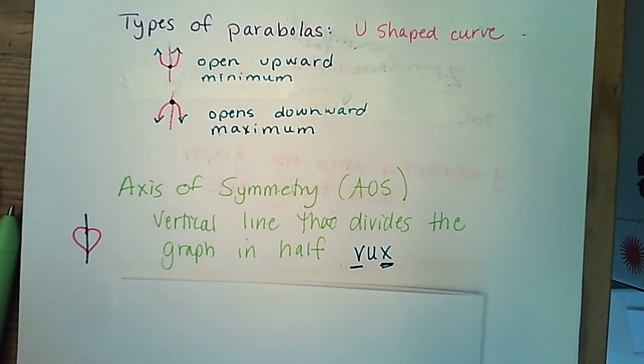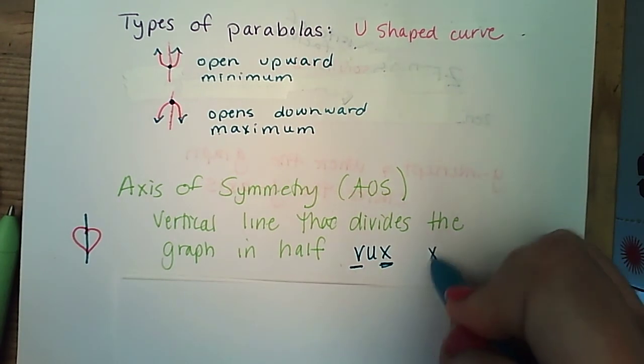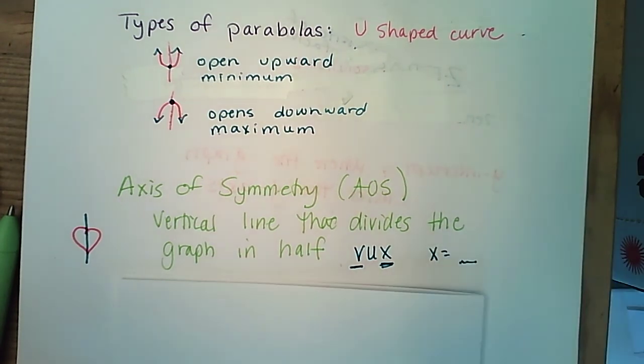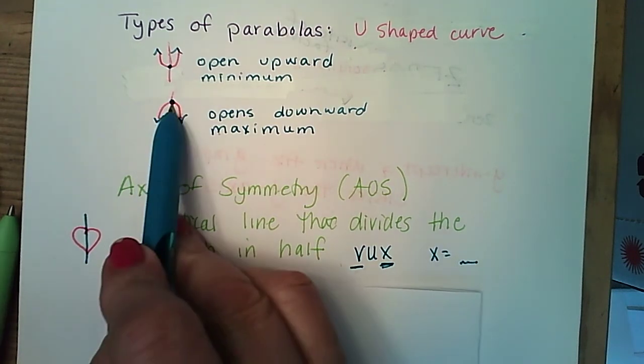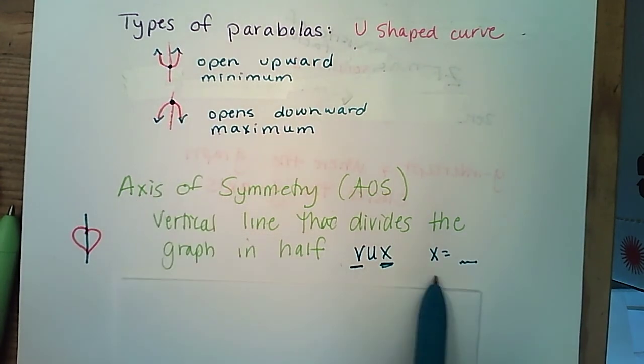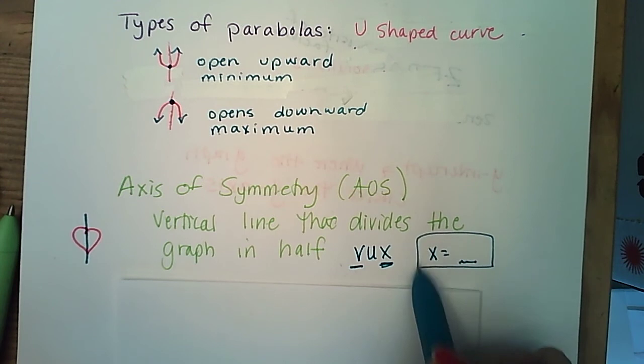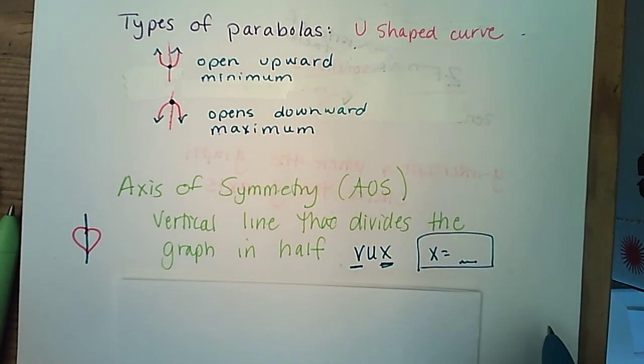So whenever I identify the axis of symmetry, it's always going to say x equals and then some number, whatever the x is in the ordered pair it goes through. You'll see that in our example in a second. Whatever the x of the ordered pair of this highest or lowest point is, that is my axis of symmetry, but it has to be an equation. That's the big deal. Otherwise, it'll be marked wrong on anything you're doing.